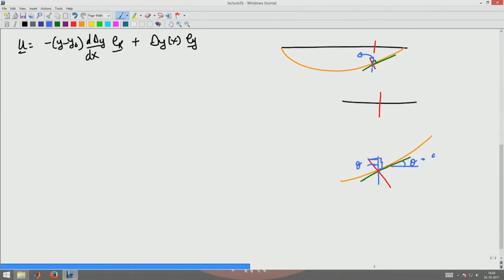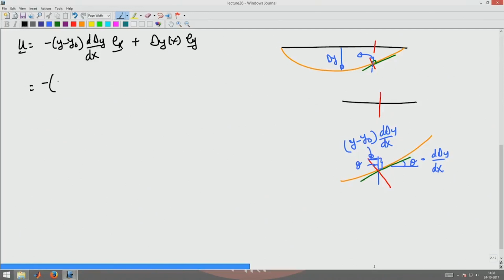This is nothing but d delta y by dx. If this is delta y, that deflection is delta y, that will be d delta y by dx, and hence this will be y minus y naught d delta y by dx, right. Similarly, now what is happening is it is bending like this, but instead of delta y there is a delta v coming in there.